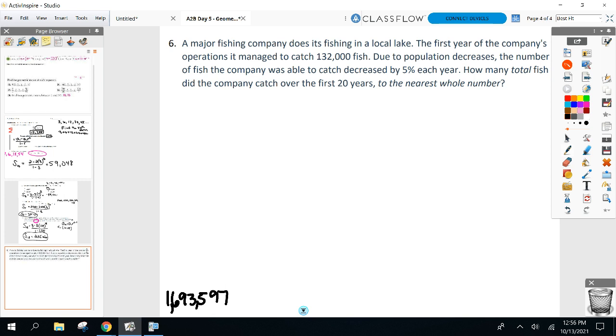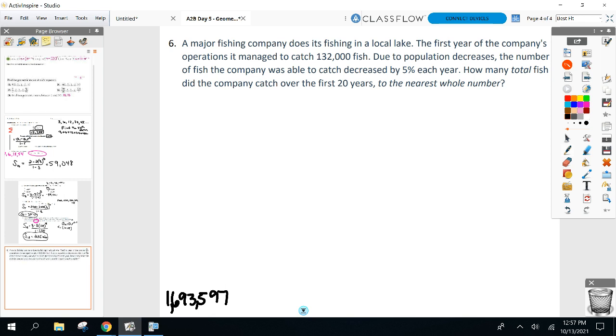It looks like it increased by 4. Yeah, I think I might have done the R value wrong. I don't know if we did this right or not. I might have made a mistake.